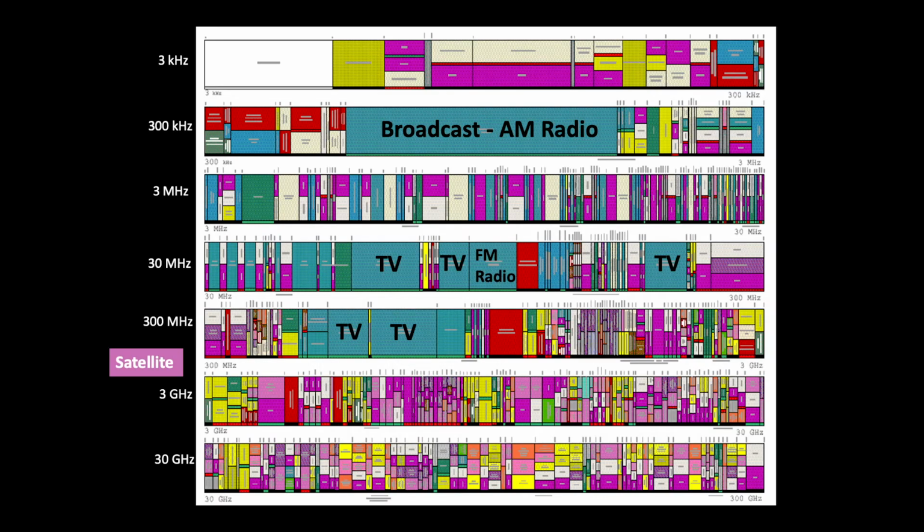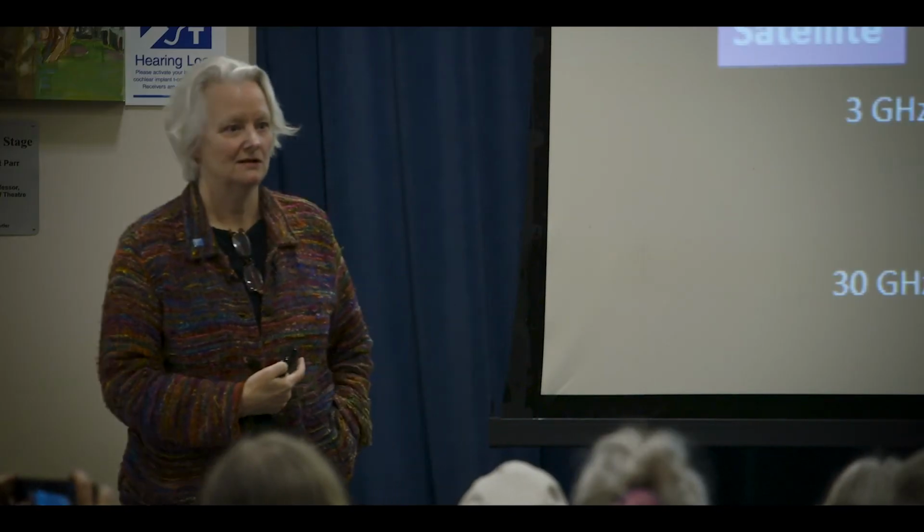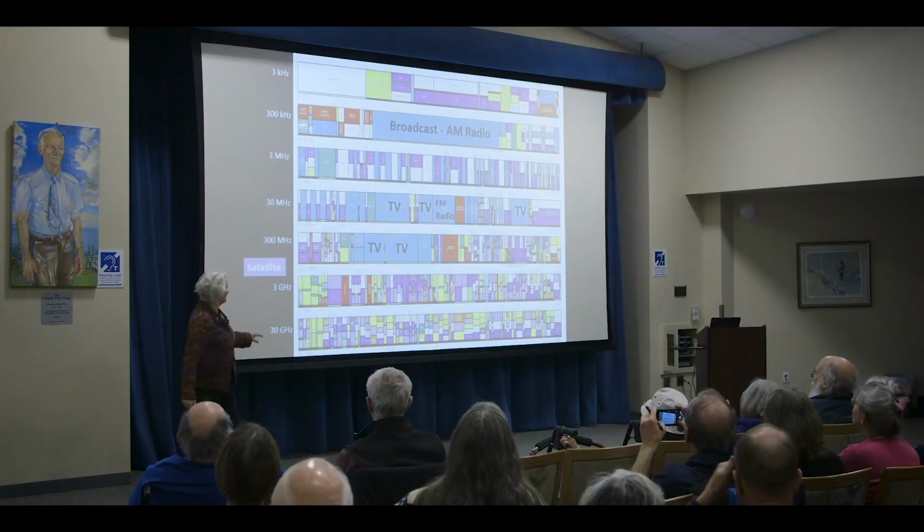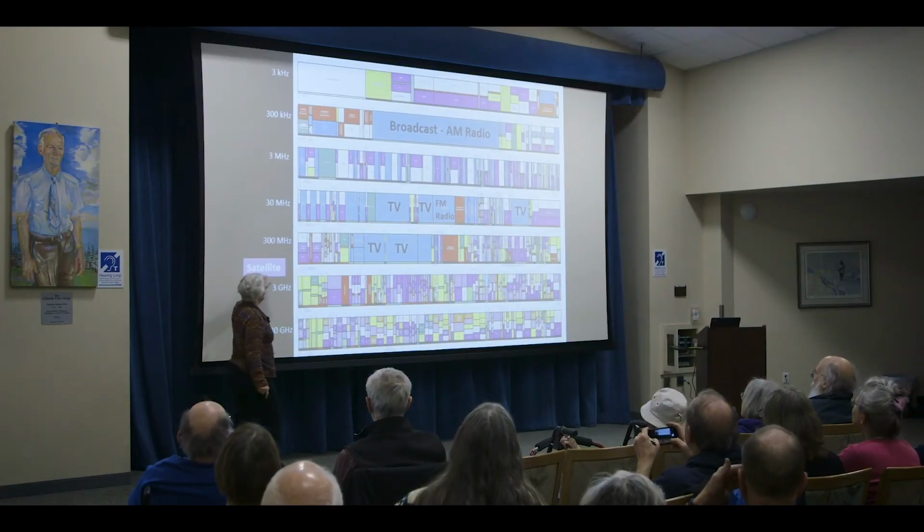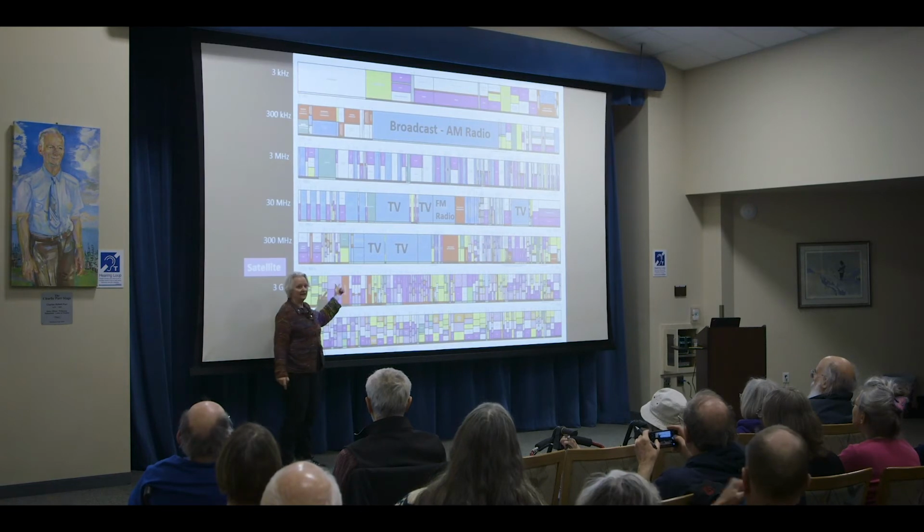So you can see up there AM radio, very low frequency. You can see FM radio and TV. And by the time you get to satellite frequencies, you can't read the chart anymore because it's too small. But I tell you, the pink ones in here are satellite bands. That's where satellites can operate.